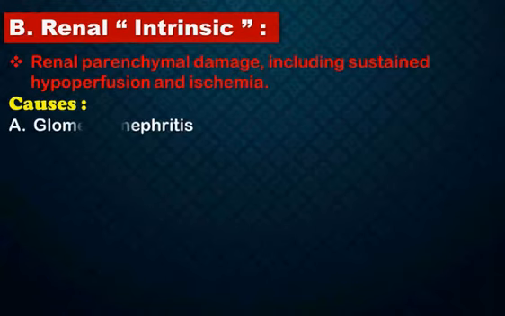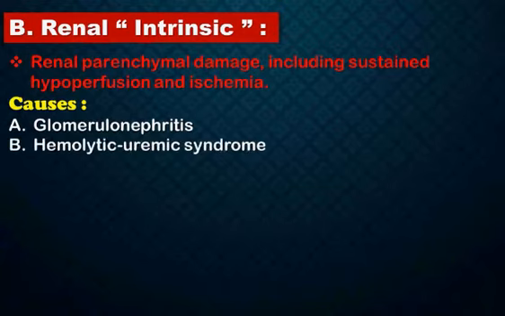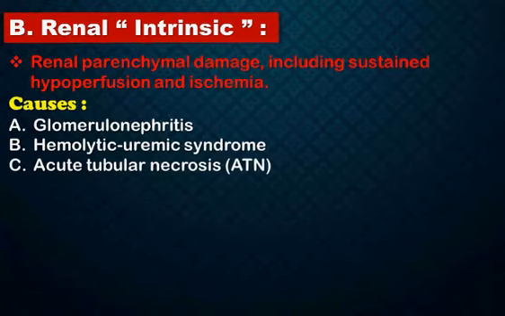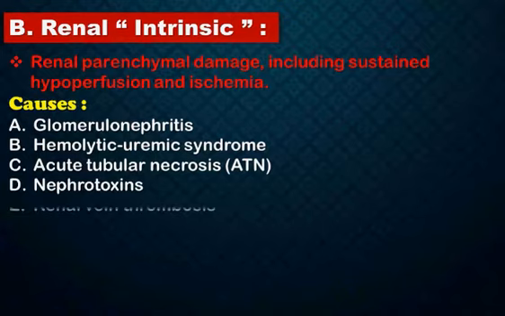The causes: glomerulonephritis, because the nephron is involved by the process. Hemolytic uremic syndrome, I will discuss it in detail. Acute tubular necrosis, the example of what happens in birth asphyxia. Nephrotoxins, medications, other nephrotoxins affecting the renal parenchyma, renal vein thrombosis.